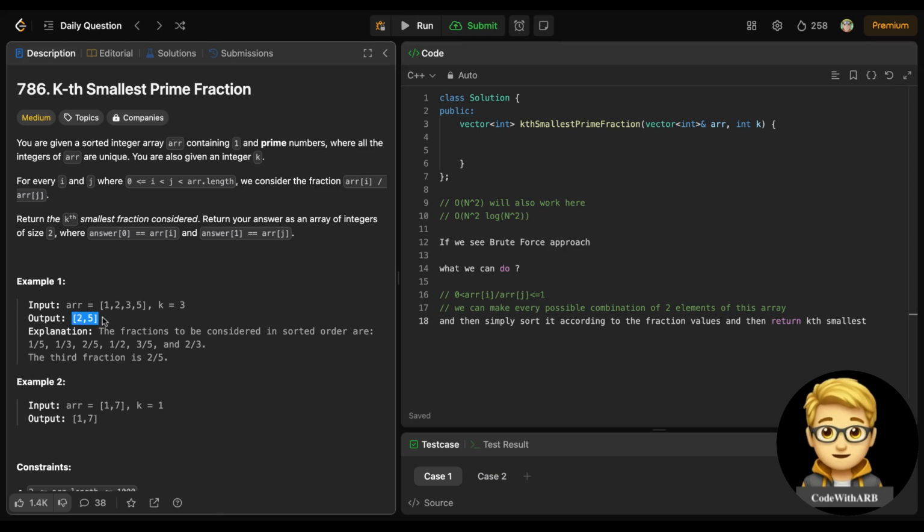So we need to return 2 5 here. If we see 1 2 3 5, the fractions include 1/5, 1/3 and 2/5. So if you find the decimals of all these, the third smallest will be 2 by 5, right? So this is how we need to sort it, and return the kth smallest prime fraction.